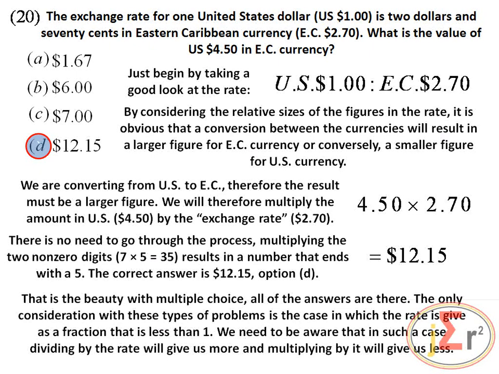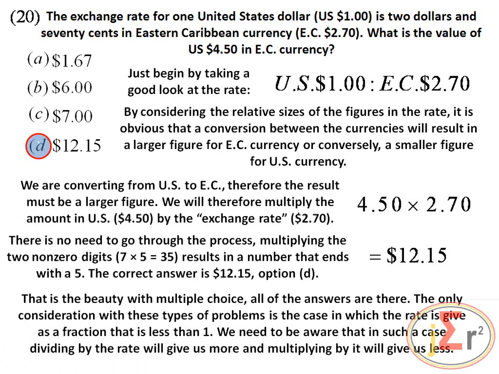So sometimes the rate is given not like this, but maybe we have $1 on the Eastern Caribbean side, and on this side we may have, say, 0.75, because 0.75 is a fraction that is less than 1. When we divide by 0.75, the answer is going to be greater than the number that we are dividing into. That number we call the dividend.